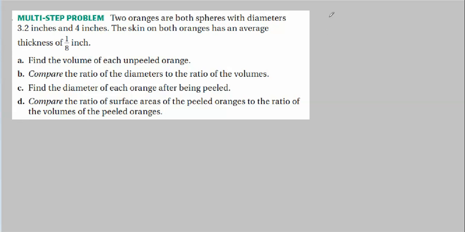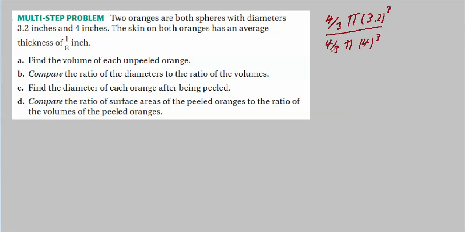After all, we've got the volume for one is 4/3 pi 3.2 cubed. And over here on the bottom, what do we have? Almost the same thing, 4/3 pi times 4 cubed.